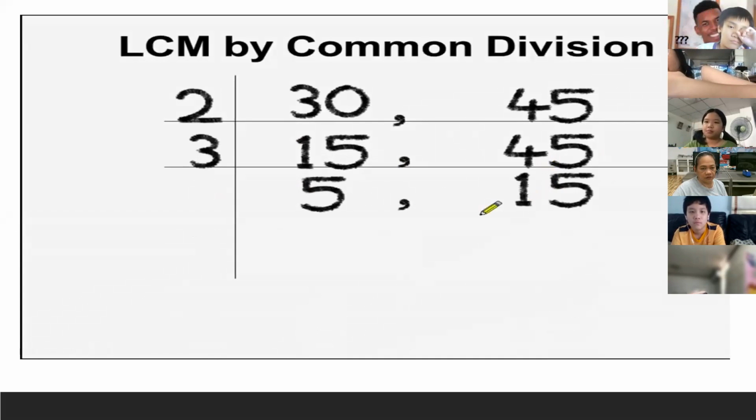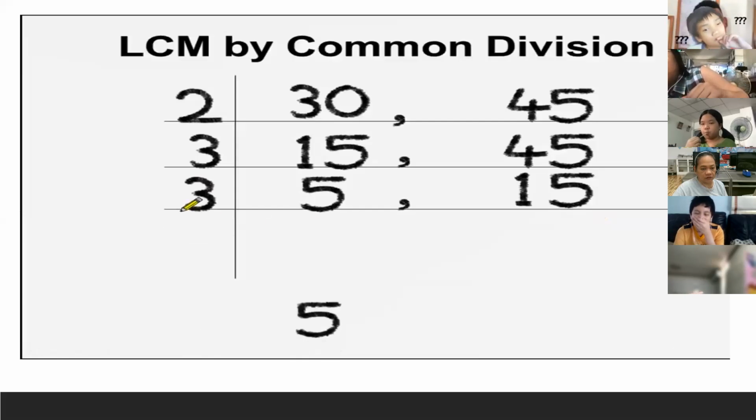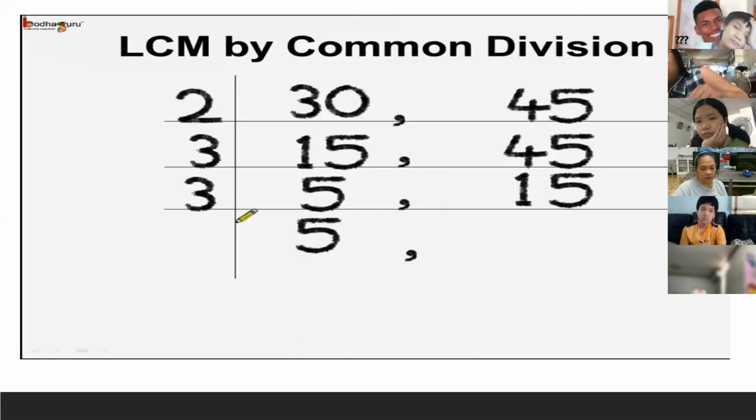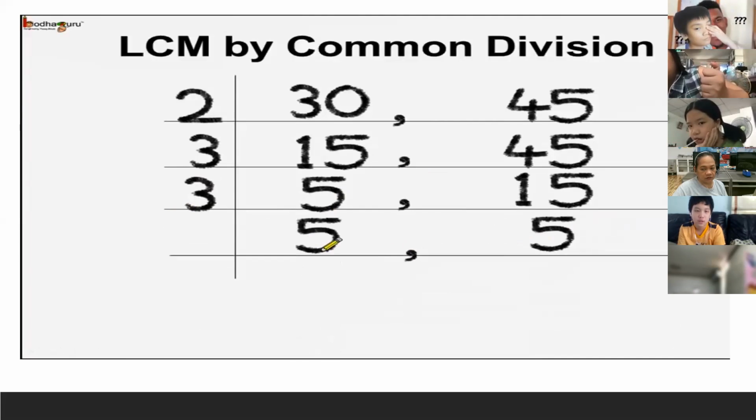Now we have 5 and 15. 15 is divisible by 3, so we divide by 3. 5 is not divisible, so we bring it down as is. 3 5s are 15. Next, 5 and 5, both prime and divisible by 5. 5 ones are 5 and 5 ones are 5.